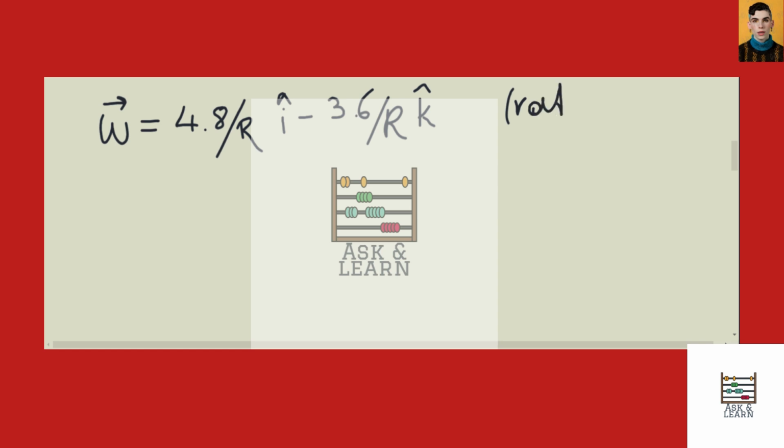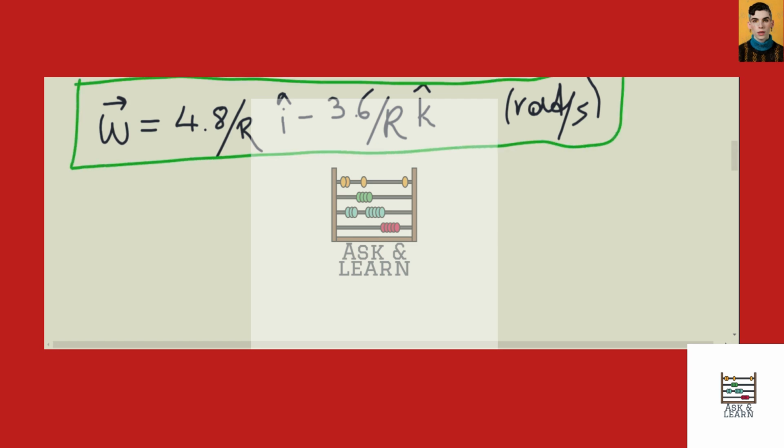And this is radians per second. And then in order to calculate VC, we go back to one of the initial equations.